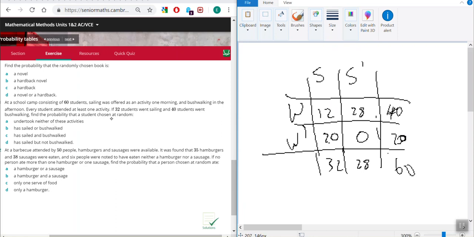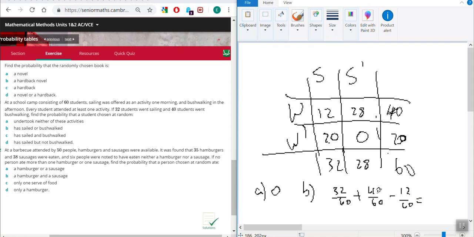So find the probability that a student undertook neither of these activities. So it'll be 0. Big 0. Sailed or bushwalked. Remember, sailed or bushwalked means the probability of sailed, 32 out of 60, plus the probability of walked, 40 out of 60, minus the probability of sailed and bushwalked, 12 out of 60.